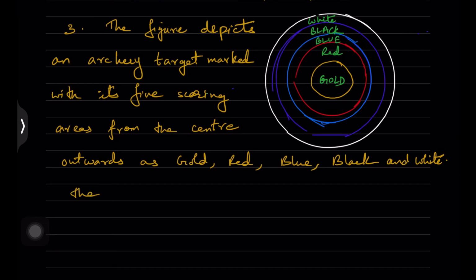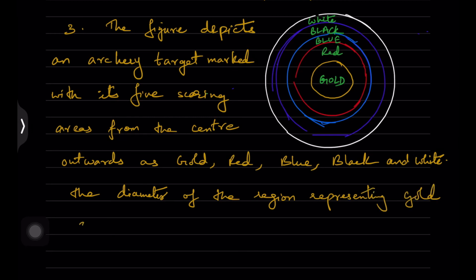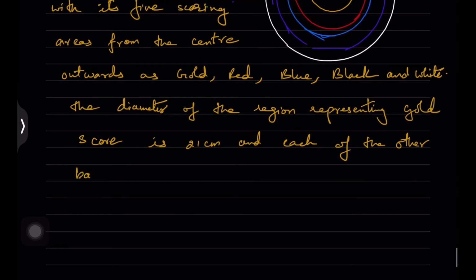The diameter of the region representing the gold score is 21 centimeters and each of the other bands is 10.5 centimeters wide.